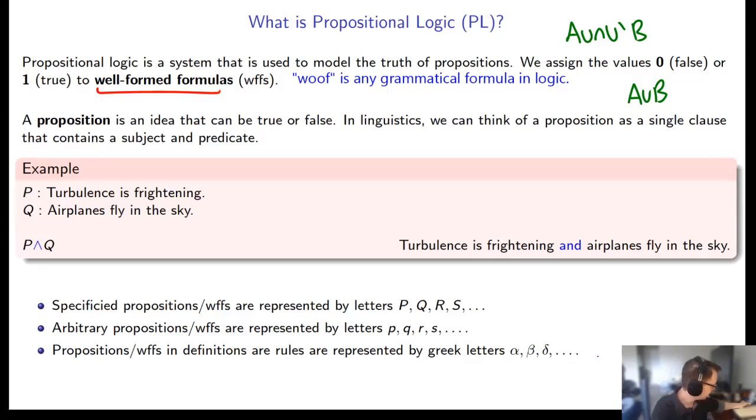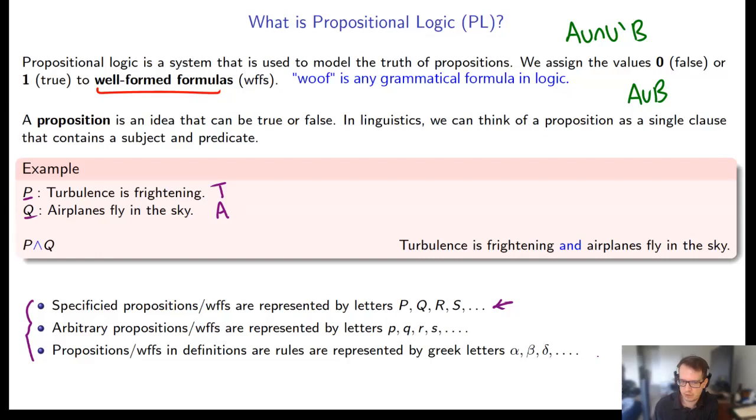One other thing I didn't mention last time is this little thing down here, how we represent our formulas. So usually when we have specific sentences, we use capital letters. So up here where I specified like turbulence is frightening with T or P, and airplanes fly in the sky with Q or A, I use capital letters.